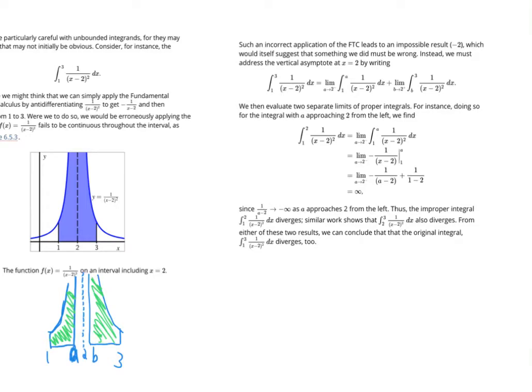It's not going to converge. If we look at this calculation, that's what we'll notice. So because one piece of this doesn't converge, it means the entire integral doesn't converge. We could do the other piece too, but it doesn't make much of a difference because we're still going to conclude that the whole integral diverges.